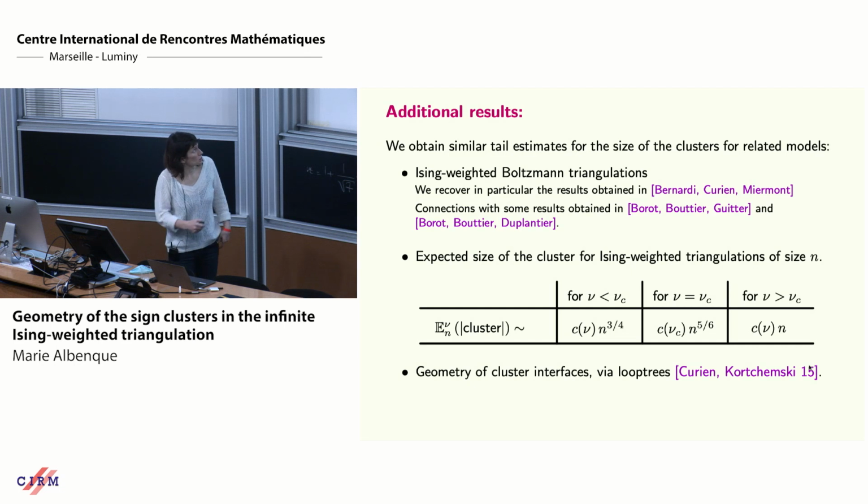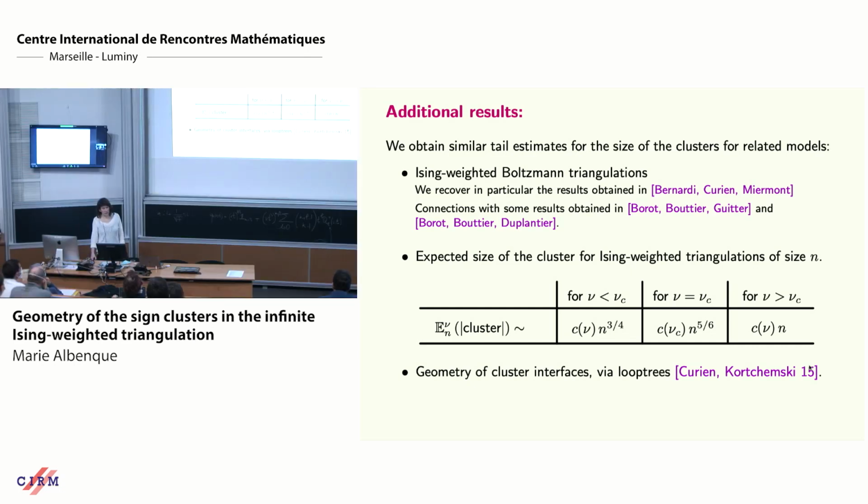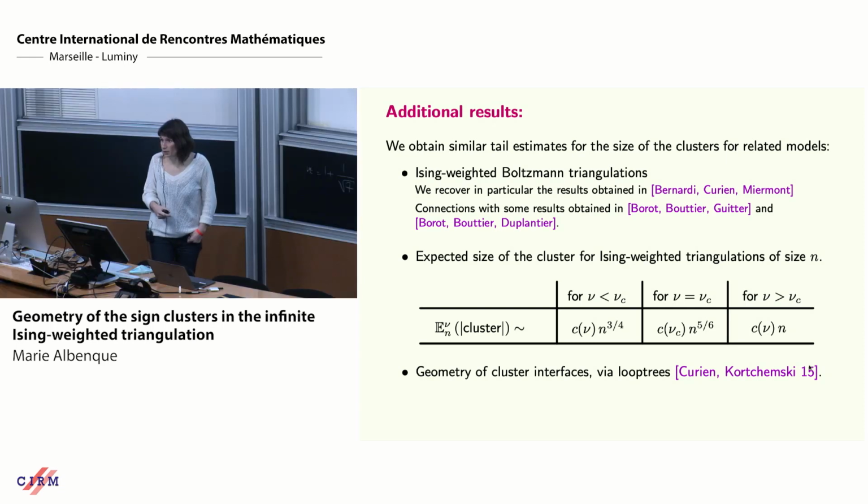And in this case, we can rederive all the tail estimates for the volume and perimeter. And we recover in particular the results obtained by Bernardi and others for percolation. And also our estimates are in agreement with the ones computed by Borot, Bouttier and Guitter for the O(n) model, because there is some connection between the O(n) model and the Ising model. Everything matches.